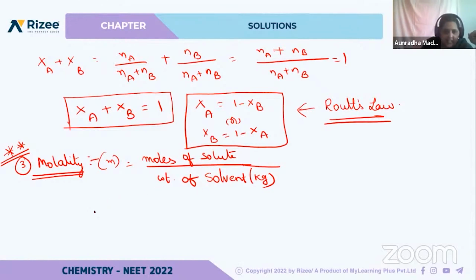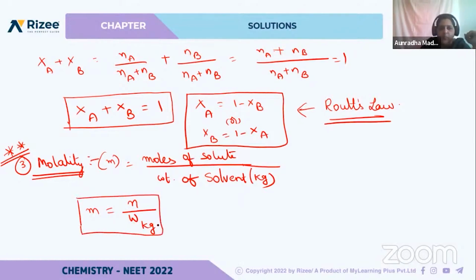So molality, small m, is equal to moles of solute, which we represent with n, by weight in kgs, and this weight is the solvent's weight, not the solution's weight. We know the moles of solute. How do we get the value of n?